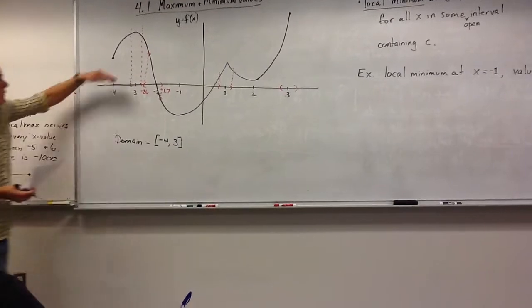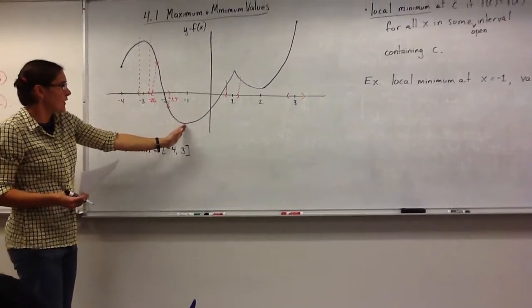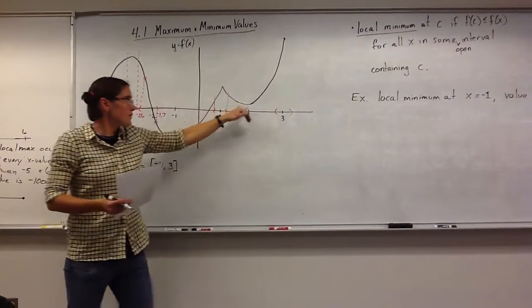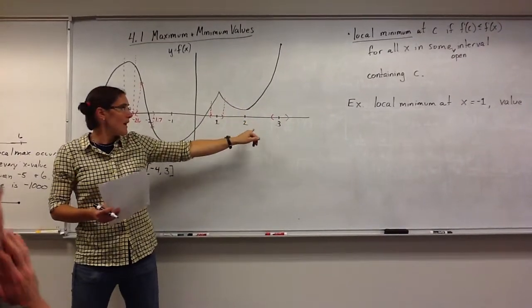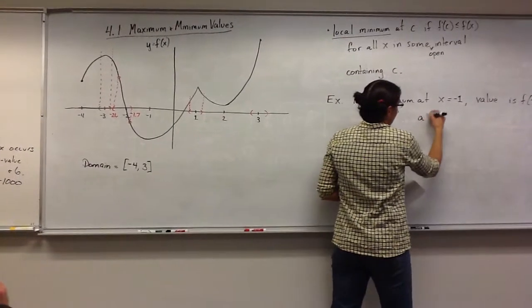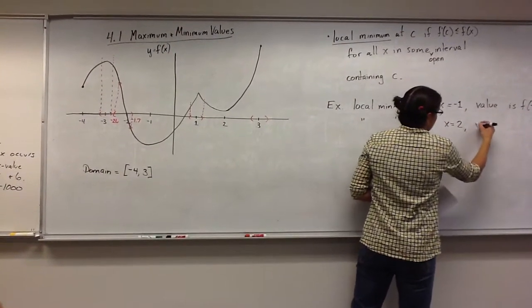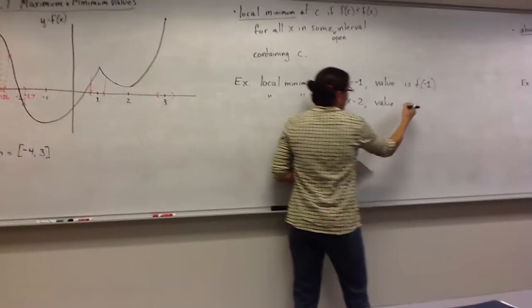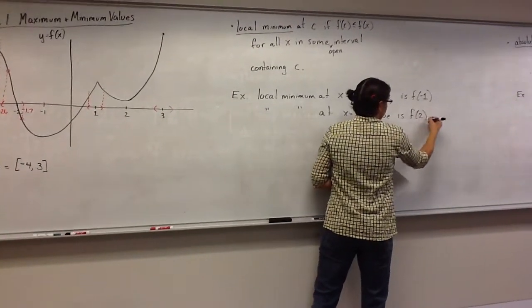So we have a local minimum here when x is equal to negative 1. And then we have another sort of mini bowl over here at x is equal to 2. And so we have a second local minimum at x is equal to 2, and the value of that local minimum is f of 2.